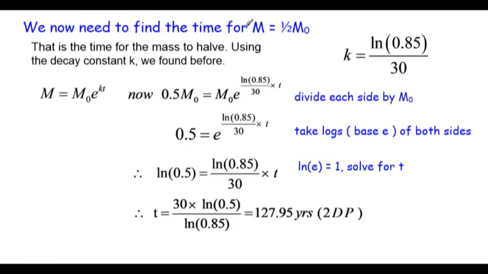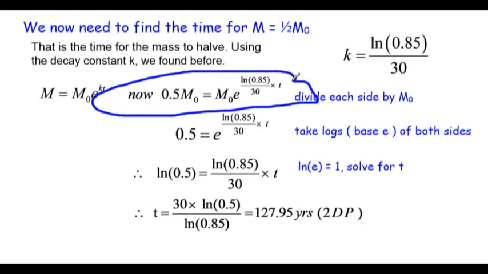Now, what do we do? We need to find the time for the mass to halve. The mass is then a half of the original mass, but we don't know what the time is. So we need to find this t here. We don't know the t, but we do know the k. The k is this one here. Let's go through and see how we do this.